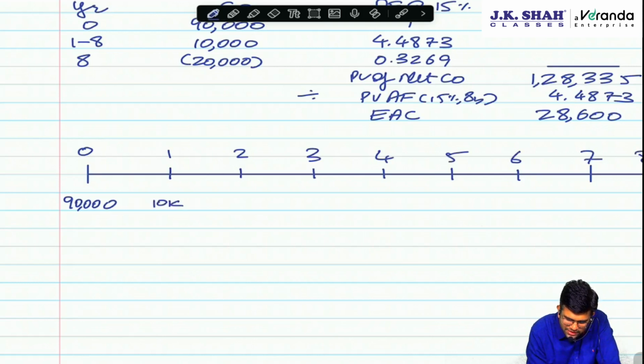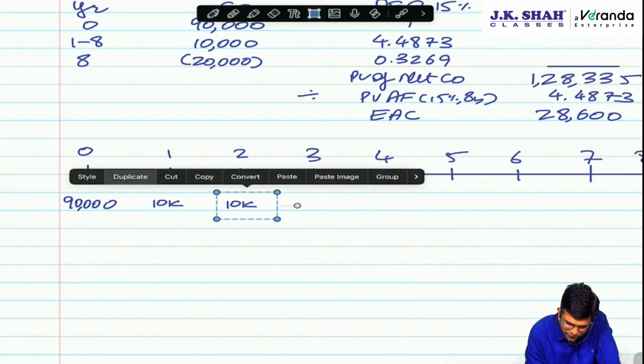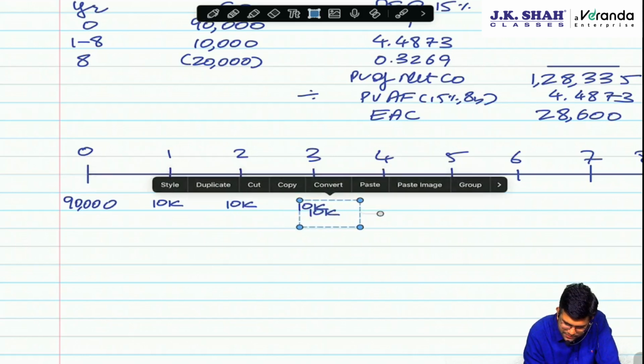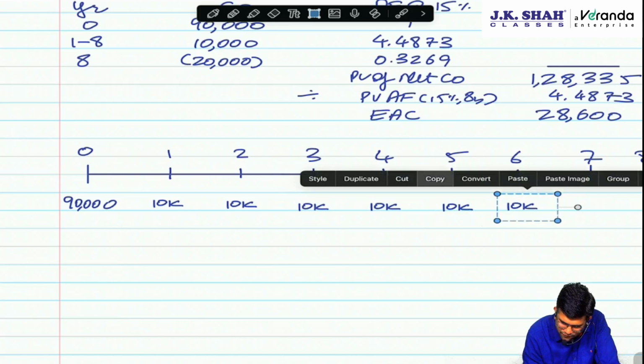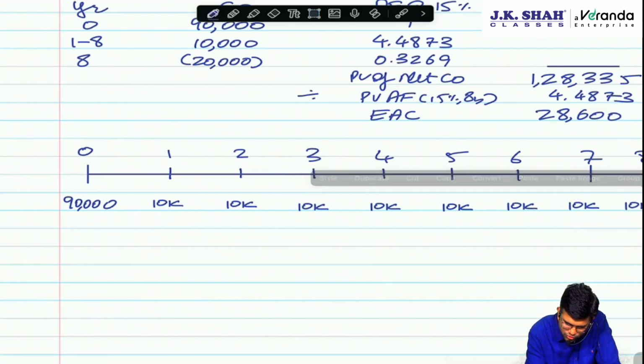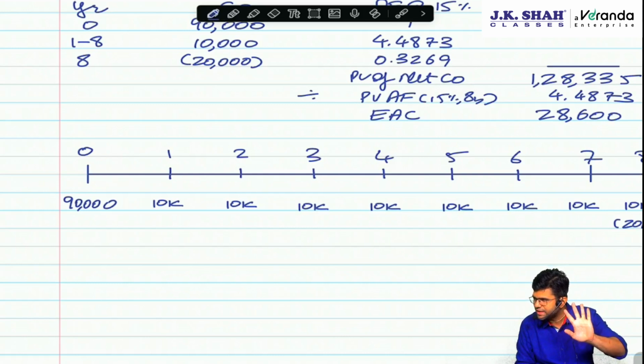Every year it is asking you to pay 10,000 in the form of maintenance, and at the end of it all, it will also give you 20,000 salvage. Everyone clear? We are doing cash outflow calculation, so cash inflow becomes negative. Everyone following?